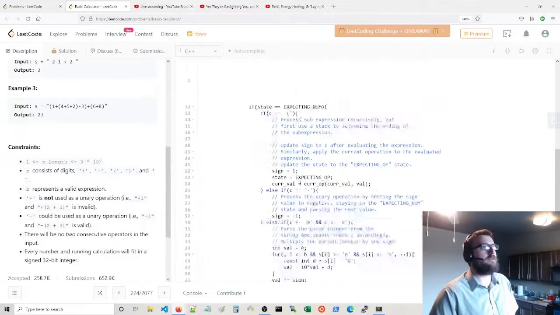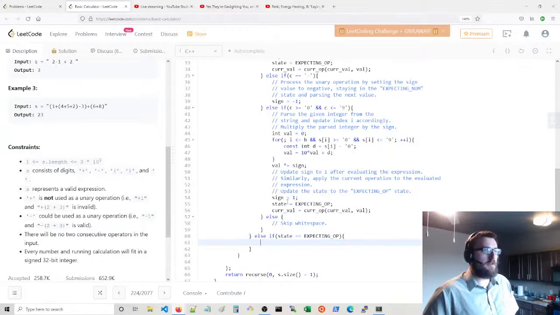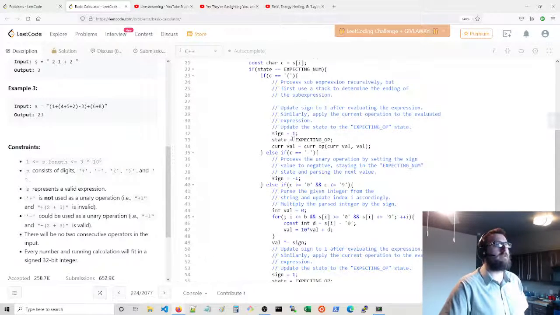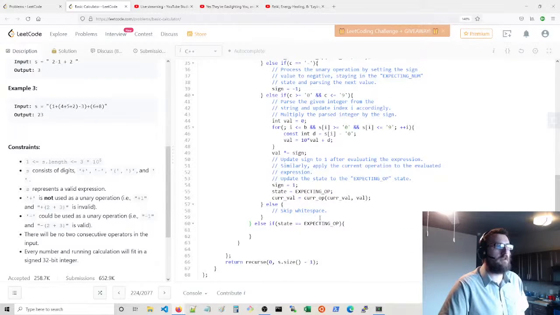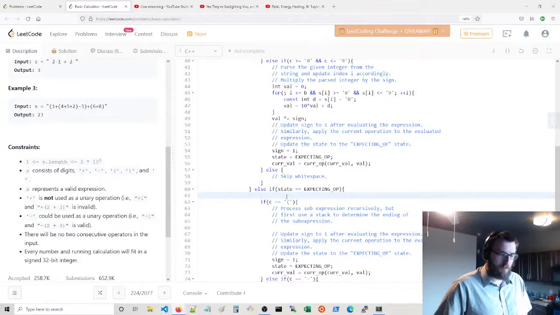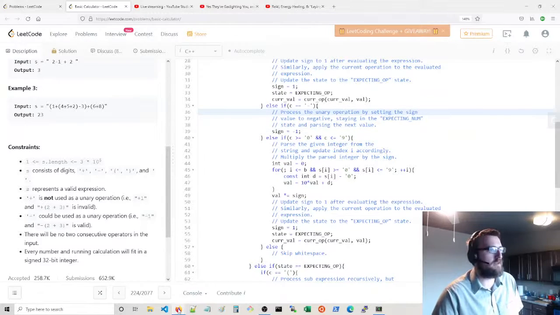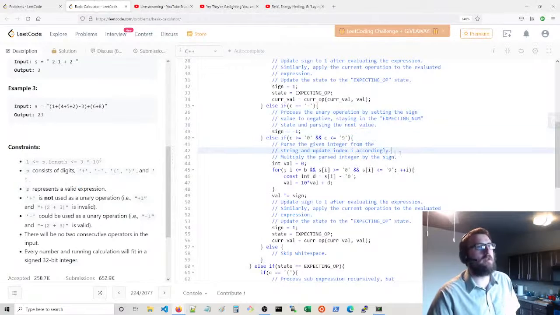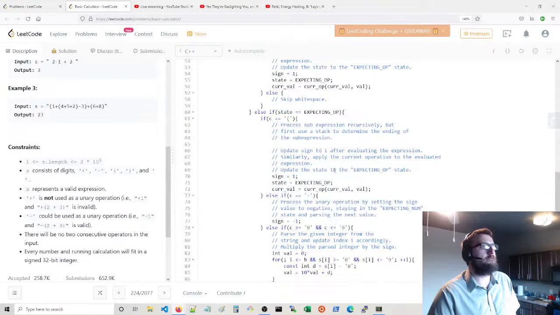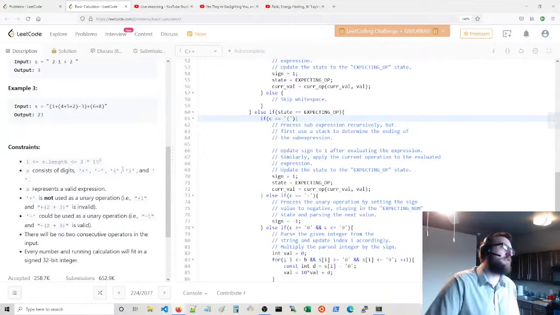Else if state is equal to expecting op. Now we need to do different things. So it's very similar to this here. Have different operators. But notice the unary operator will occur when you're expecting a number, right? That's where the unary operator might appear. So the other operators are just add and subtract.